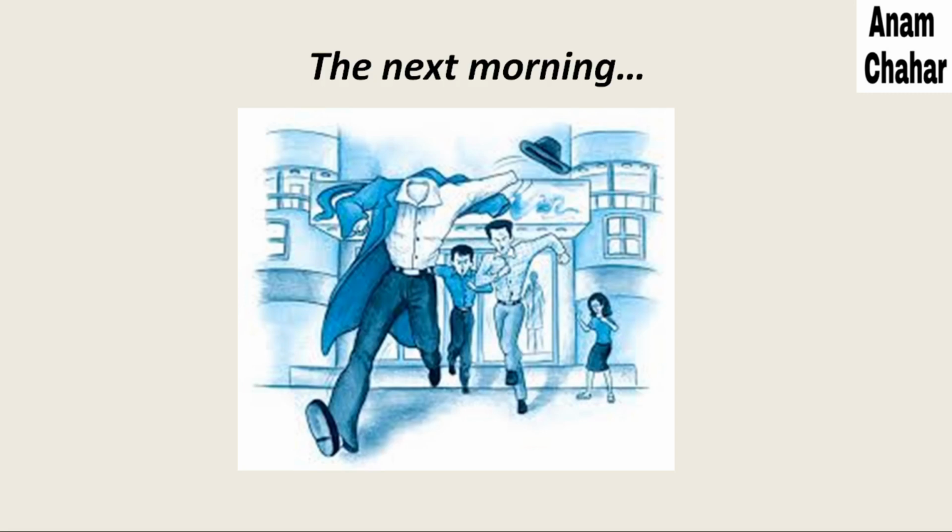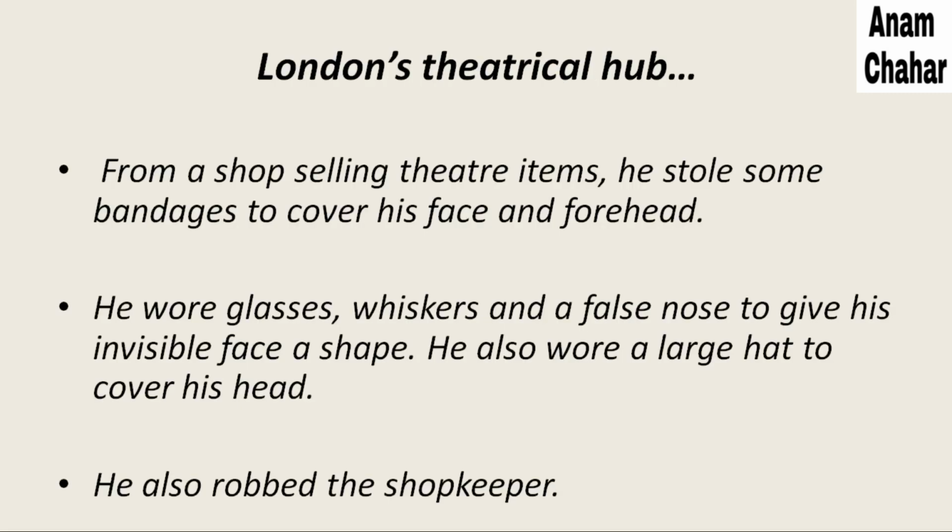On seeing the employees, Griffin ran out and removed all his clothes one by one, and again he became invisible. He again escaped successfully. But without any clothes, he was again exposed to the bitter cold. So he rushed down to the Drury Lane, the hub of London's theatre world, to get some clothes from a theatre company that would cover up his face.